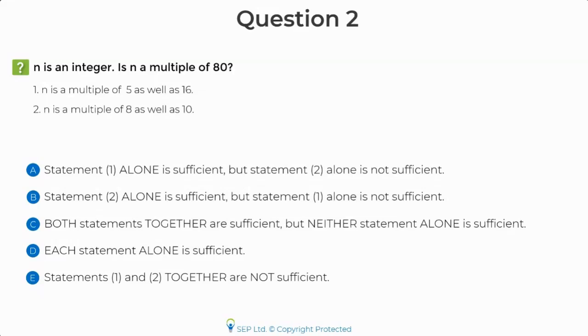You need to prime factorize the number, break it down into form of prime numbers. And once you have that prime number in the powers, then you add 1 to all the powers and multiply it to get the total factors. And the total factor formula can be applied for any numbers. If I want to find the total factor of 6, I can do that. If I want to find the total factor of 500, I can do that. It can be used for any number that I want to.